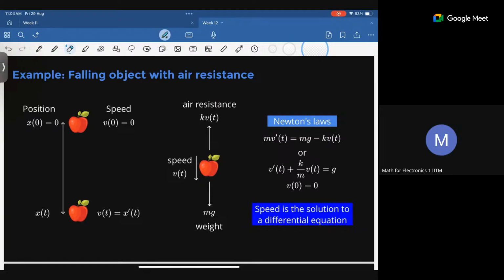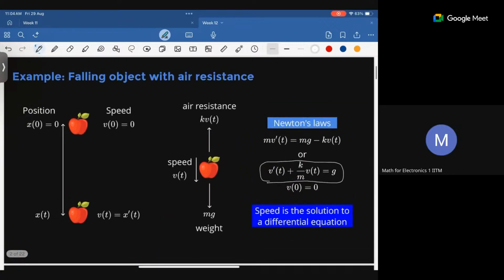So v of t is the speed, and v prime of t plus k by m into v of t is equal to g. This is the governing equation. If we solve this differential equation, we can get v of t.